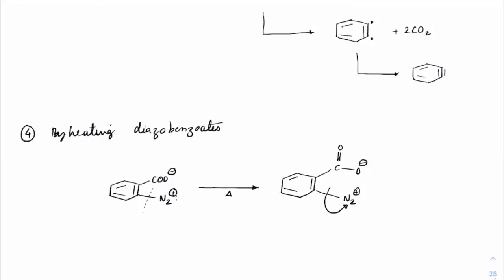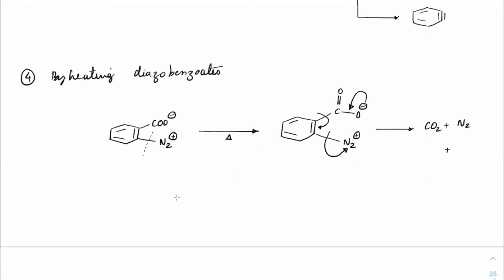As it takes away electrons, this CO2 will also come out, and this sigma bond will support as a pi bond here. And the lone pair present on oxygen will try to convert it as CO2. So we will have CO2 plus N2, and the remaining molecule which is present will now take the form of benzyne.